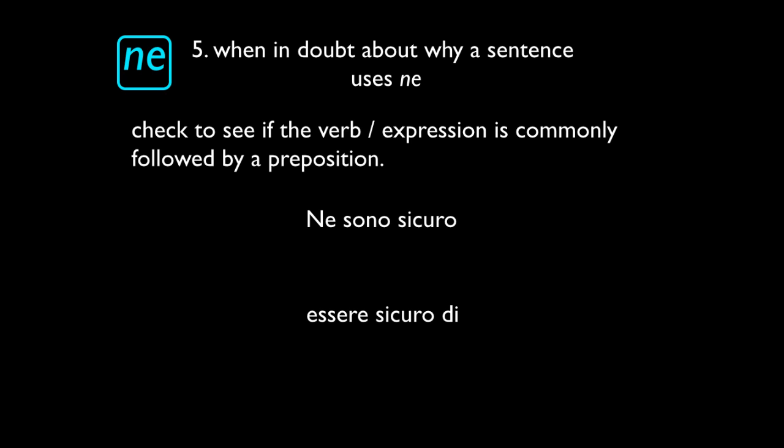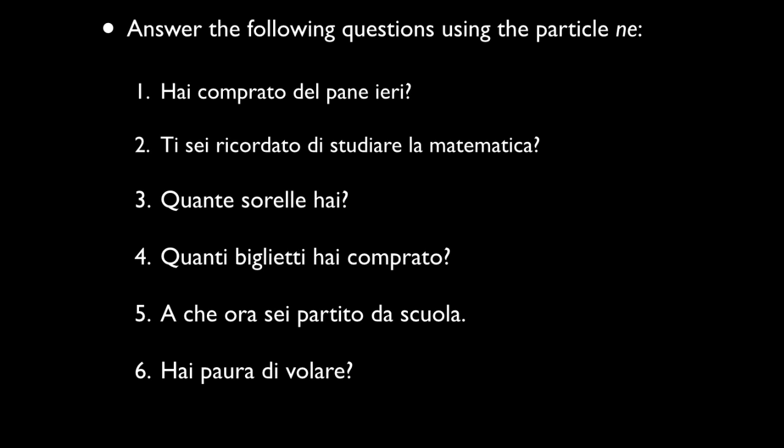Sono sicuro is really an extension of the expression essere sicuro di. So again, there's that di that the ne is replacing. Ne sono sicuro. Yeah, I'm sure of it. I hope that is helpful.